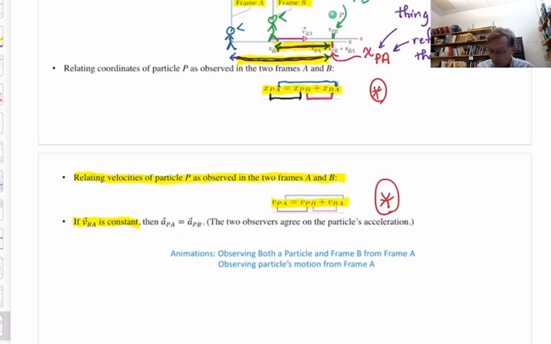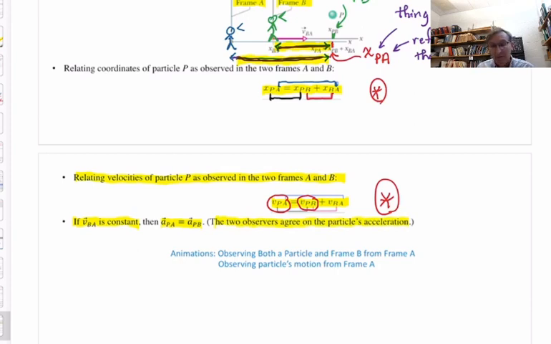That gives me 0. So all that happens then is I have that the acceleration of the particle in frame A, which comes from differentiating with respect to time that v, is equal to the acceleration of the particle as observed in frame B. That comes from differentiating that v. So as long as the frames are moving at a constant velocity relative to each other, the two observers, the one in frame A and the other in frame B, will agree on the particle's acceleration.